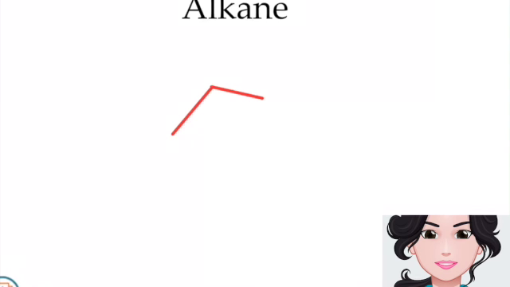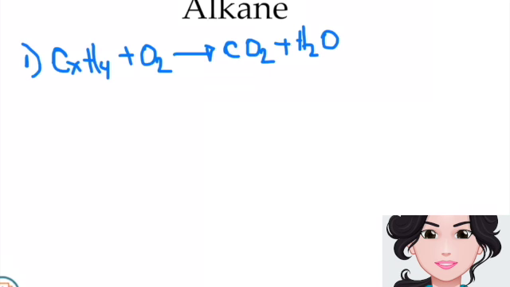Alkanes only undergo two types of reactions: combustion, which is a reaction between hydrocarbons and oxygen, and the product is always carbon dioxide and water.